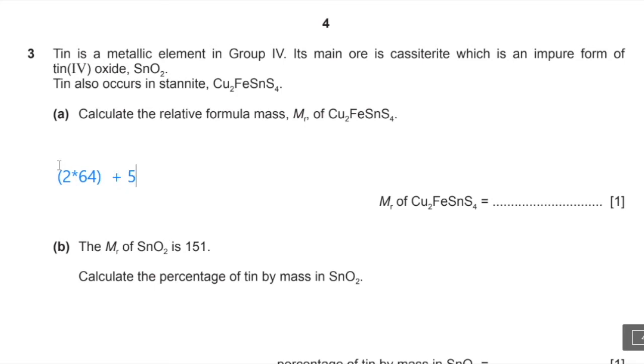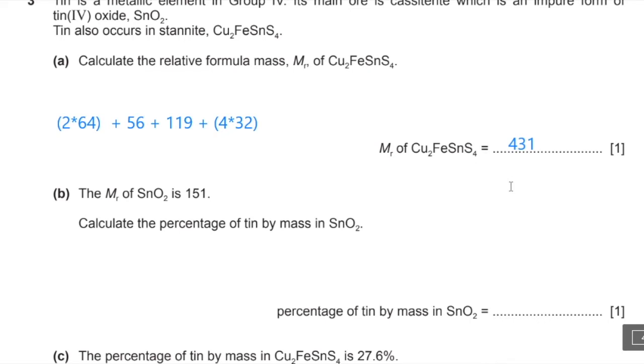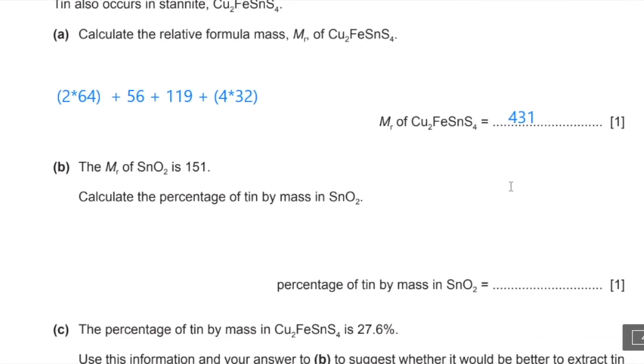So iron is 56, tin is 119, and then we have 4 atoms of sulfur, so we multiply 4 with 32, and this gives the relative formula mass as 431. The relative formula mass of tin oxide is 151.